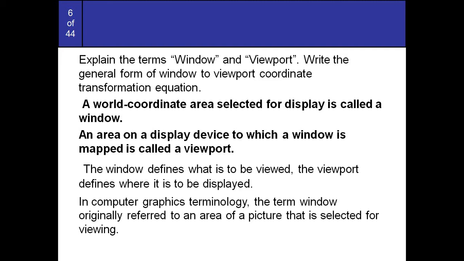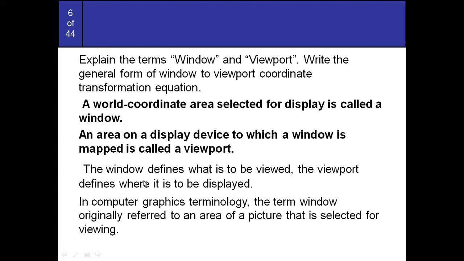It is called the window, and where we are displaying it on some specific device, that area is referred to as a viewport. So there is a mapping between the coordinates from the world coordinate area to the coordinates in the viewport area.